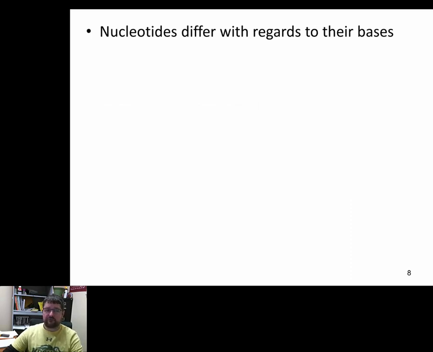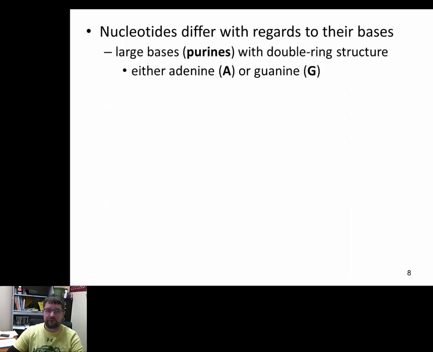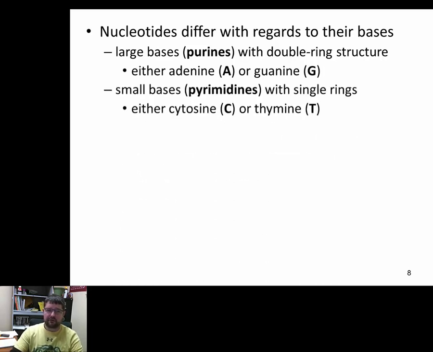Now, nucleotides differ in their bases, and we've talked about these before. There are a couple of bases which we call large bases, or the purines, and they have a double ring structure, and that's adenine and guanine. And then there are smaller bases, which we call pyrimidines, which have single ring structures, and that's cytosine and thymine.